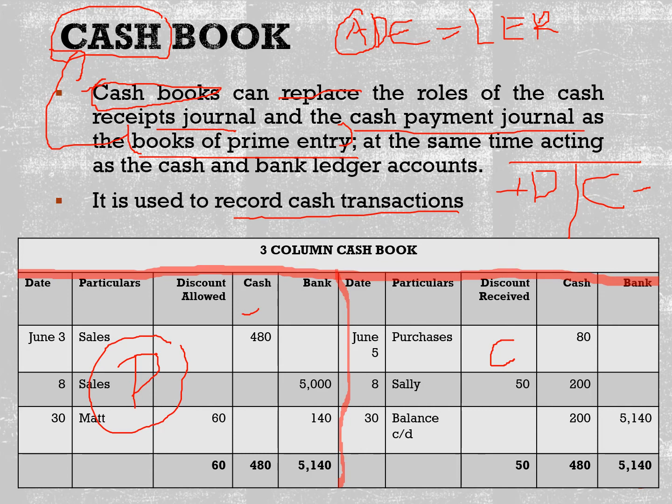Maksud cash, bank, discount allowed. Discount allowed ni maksud dia discount yang kita boleh buat. And untuk belah kredit pula, dia ada bank. Maksud kita bayar, cash kita bayar, discount received. Discount received ni sebab bila berlaku purchase inward, kalau kita ada pulangan, purchase return, so bila ada purchase return, kita akan dapat discount lah.